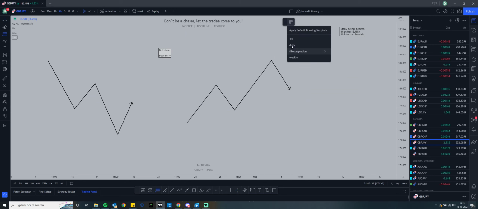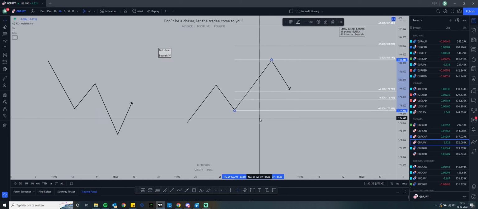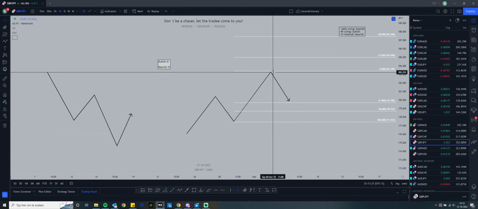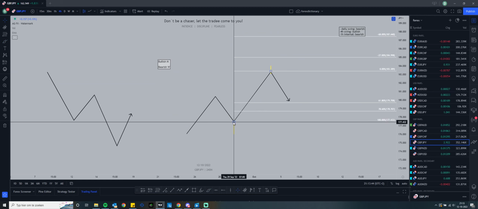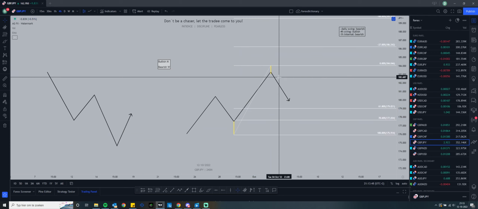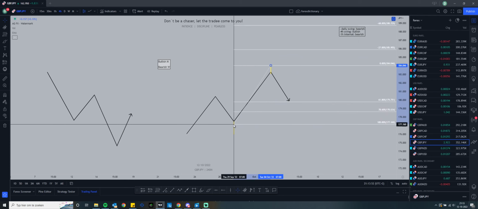Then we measure the retracement using the fib. The fib has a little bit of a different way than Brutus does it. Brutus will say, okay, you do wick to wick. The way I have been taught is you do wick to the candle body close.